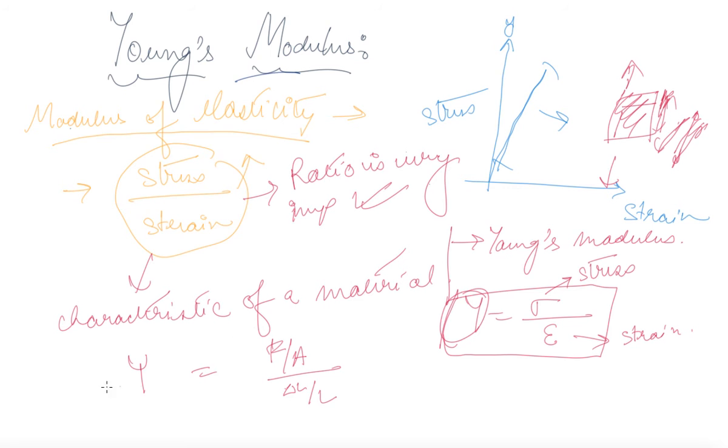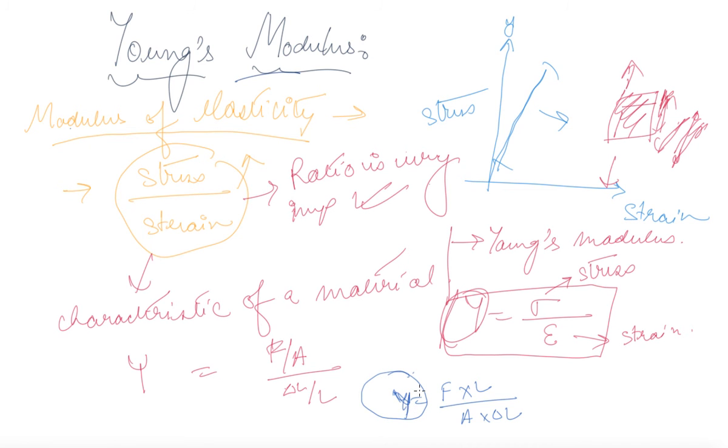So we know what is Young's modulus, and this formula can be further simplified as Young's modulus is equal to F into L divided by A into del L. Now please keep in mind in an examination you should also know the dimensions.